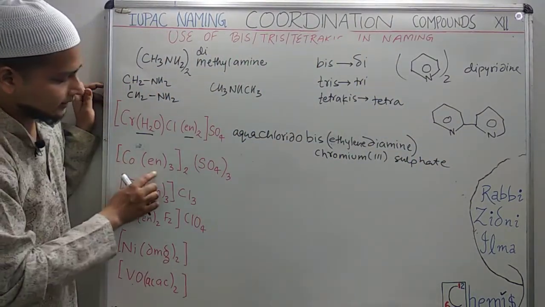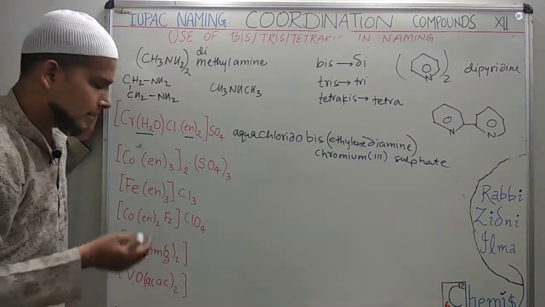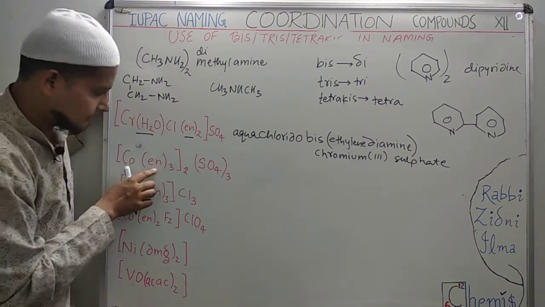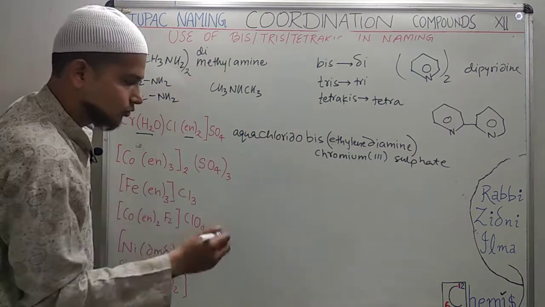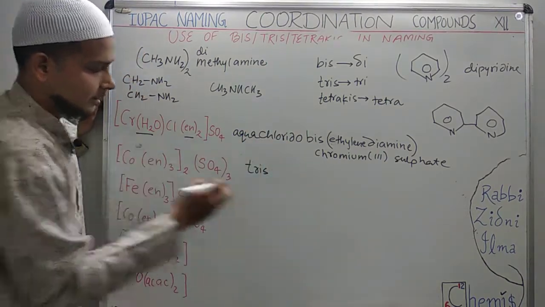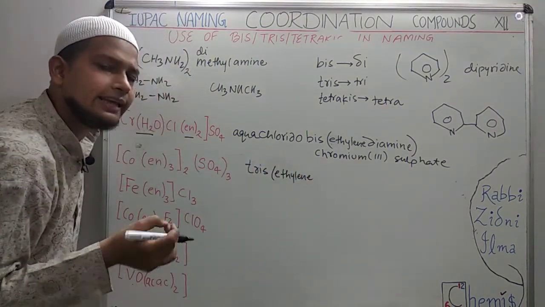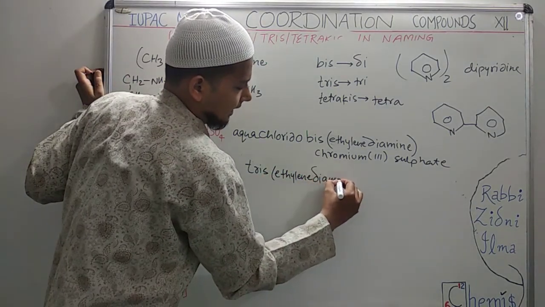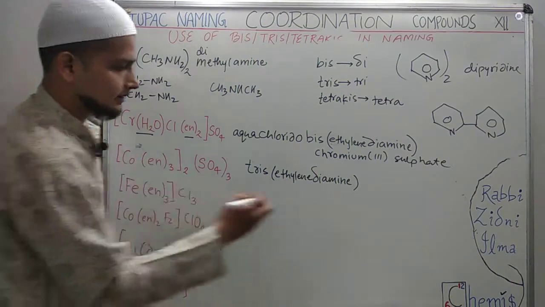Next is [Co(en)3]2(SO4)3. I will tell you this, but you can pause the video and try each case personally. Now 3 en, what will we use? Again, not tri, we will use tris. Next up, ethylene diamine. In a few books it is written ethane-1,2-diamine. Doesn't matter. Next up we have this cobalt.